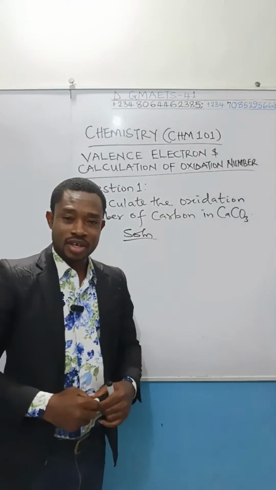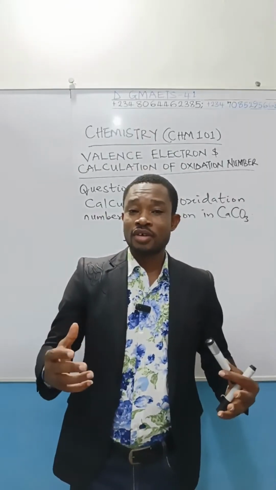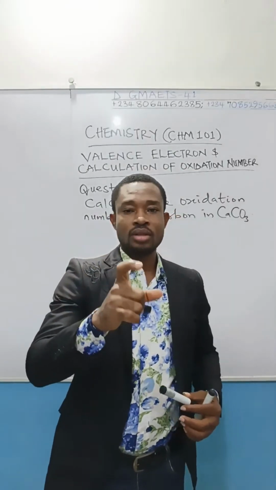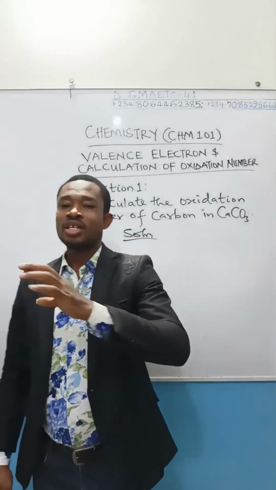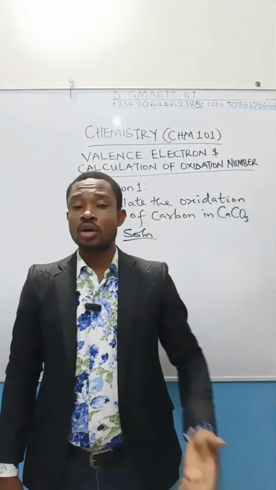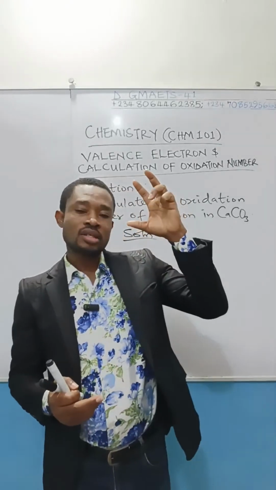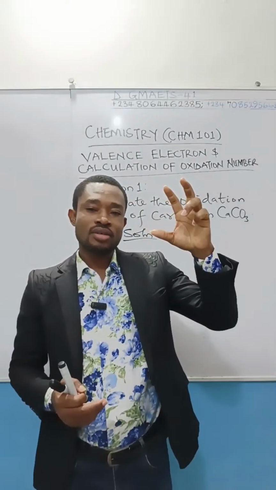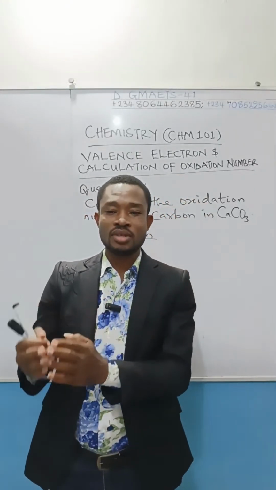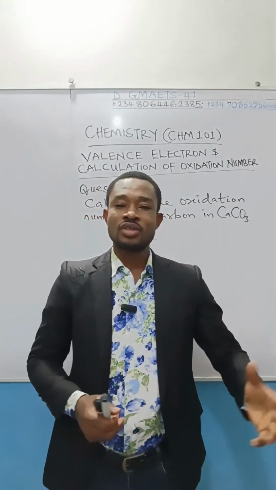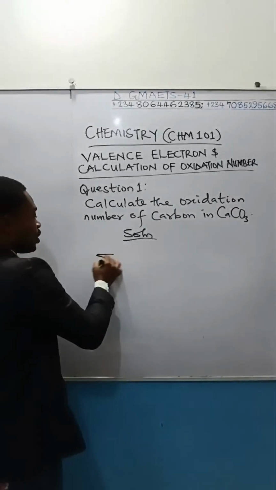So perhaps let me give you the formula you apply to determine the oxidation number of any element in a compound. All you have to do is to take the summation, or algebraic sum, of the product of the valencies of each element in the compound with the atomicity. Then equate everything to 0. What do I mean by that? Simply operate using summation.